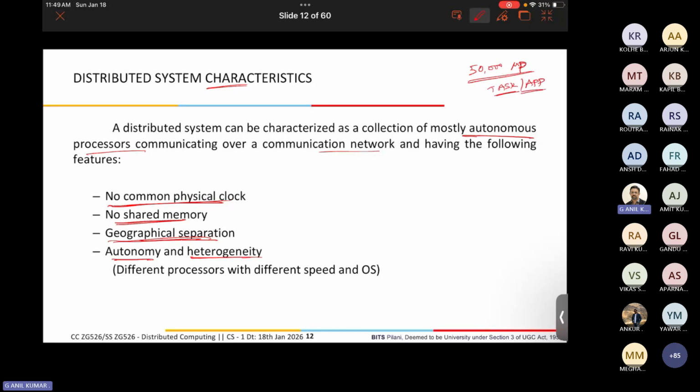Do we expect all these 50,000 processors to be homogeneous, meaning all of the same configuration, same vendor, same manufacturer, same firmware, same platform, same memory modules, same operating system? Would that be possible? No. It can be made possible, but would that make sense?